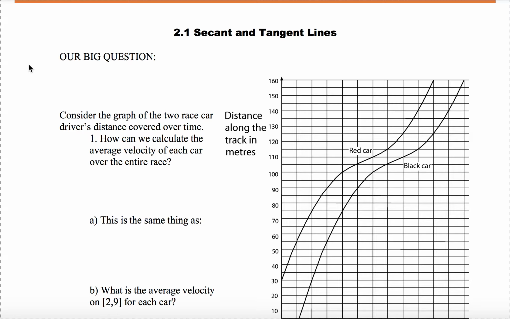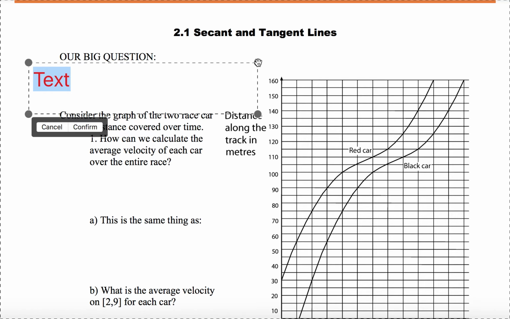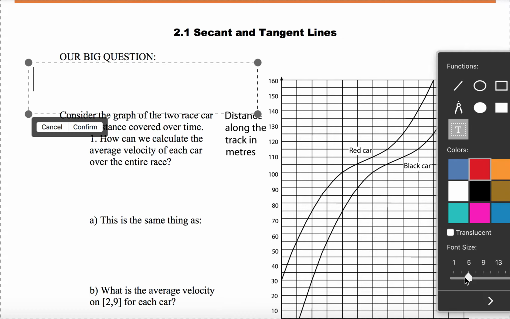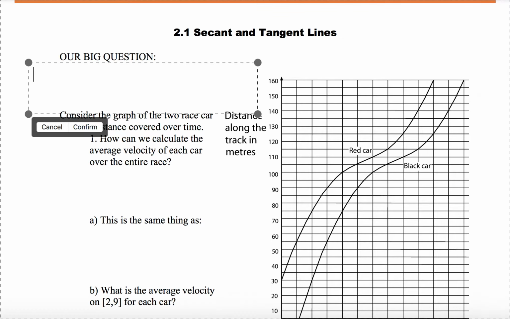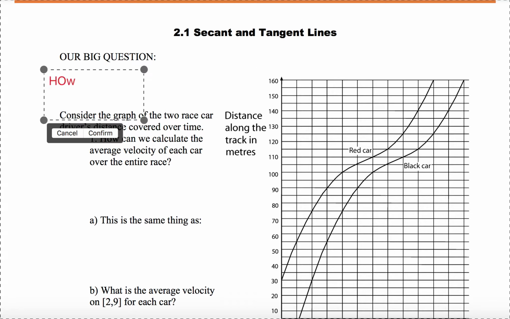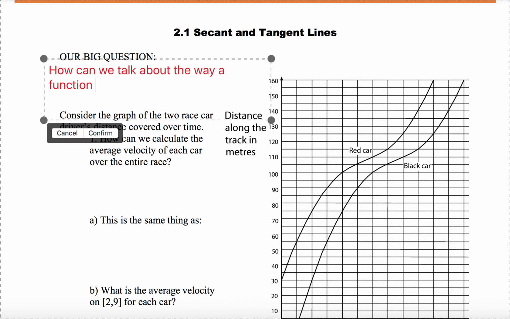All right? So the big question that we're really going to be wrestling with this unit is the following. How can we talk about the way a function changes at a point?